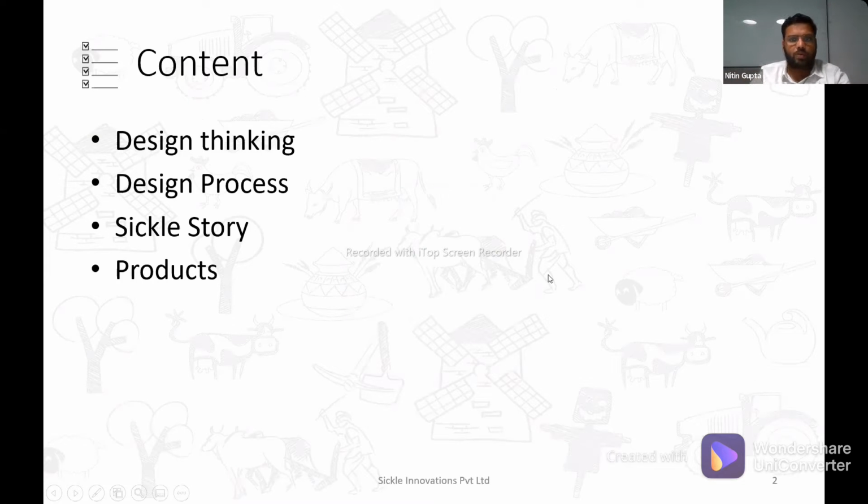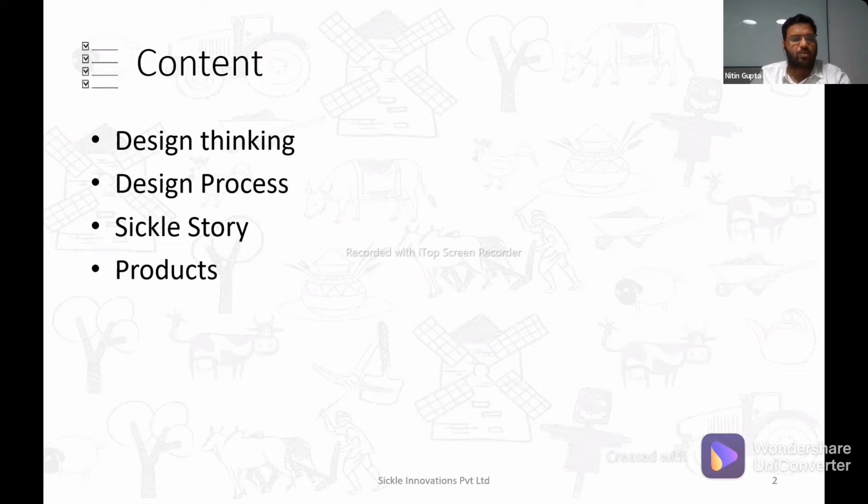So how we are going to take it is, I'll talk about the very basics of design thinking. I'm not going to get into too much of the theory. I'll try to make it as alive as possible, so I can even take up some examples from our own portfolio products.